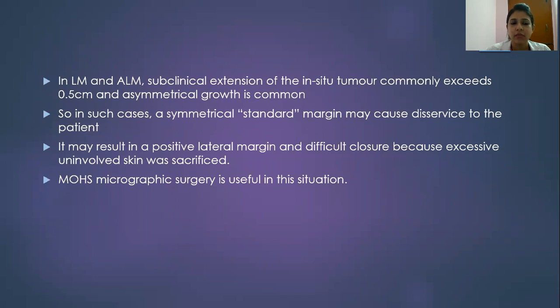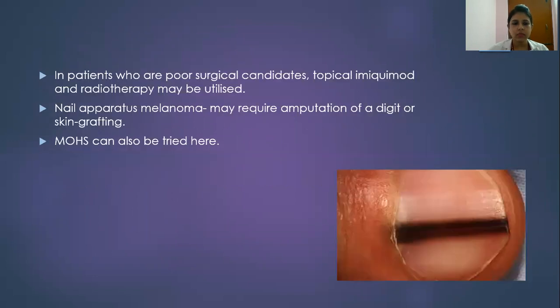So in this condition, we have to do Mohs micrographic surgery. In patients who are poor surgical candidates, topical imiquimod and radiotherapy may be utilized. Nail appendage melanoma is also common. In this condition, it may require amputation of a digit or skin grafting. Mohs can also be tried here.